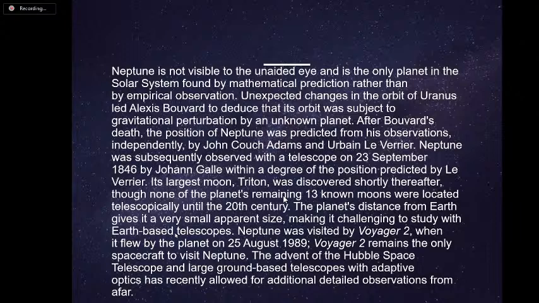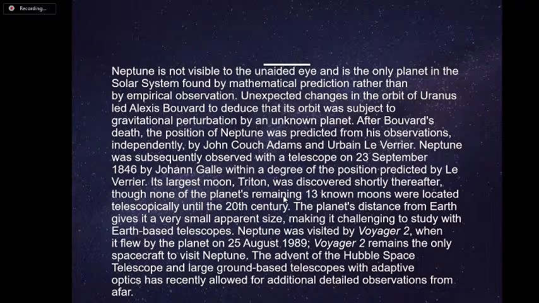Unexpected changes in the orbit of Uranus led Alexis Bouvard to deduce that its orbit was subject to gravitational perturbation by an unknown planet. After Bouvard's death, the position of Neptune was predicted from his observations independently by John Couch Adams and Urbain Le Verrier.